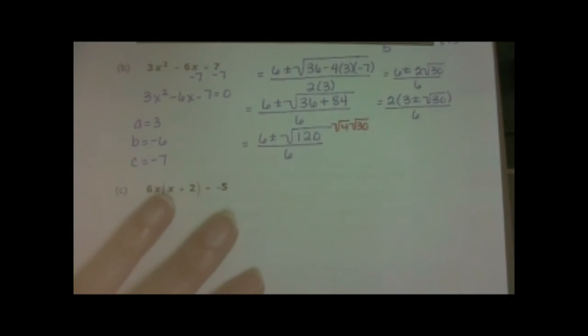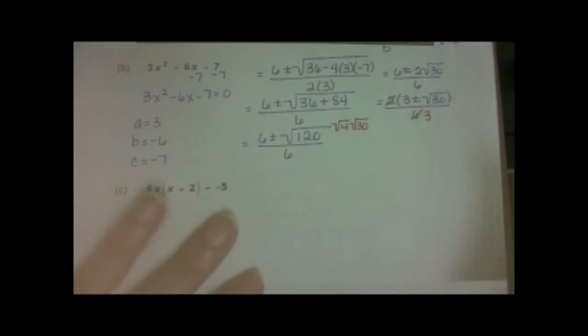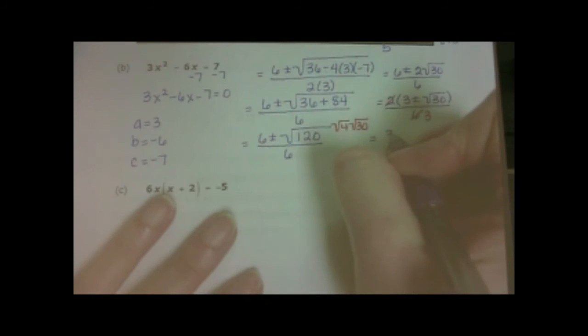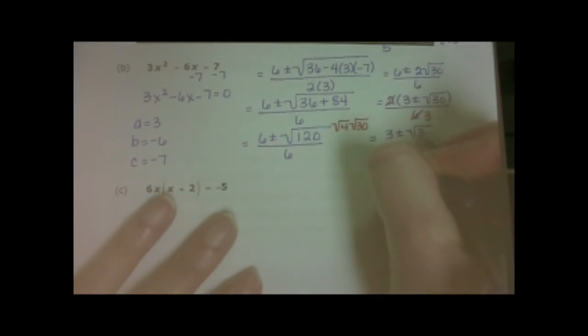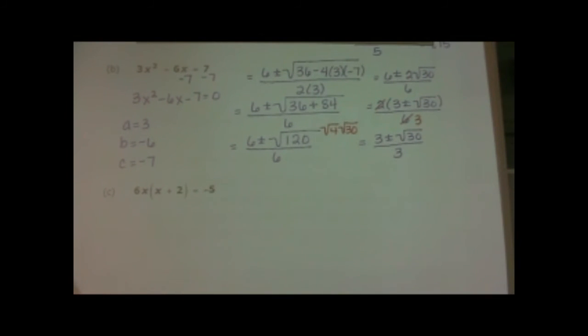Now we can cancel. 2 goes into itself once and into 6 3 times. So our simplest radical form answer is 3 plus or minus the square root of 30 all over 3.